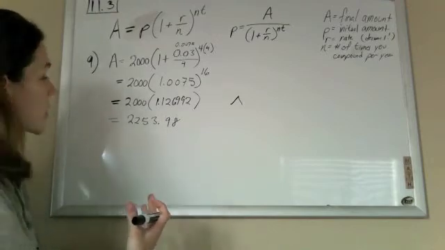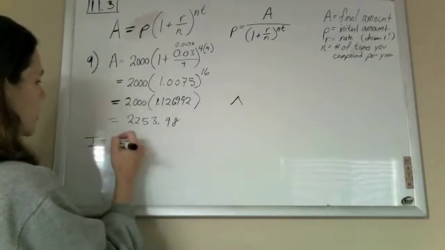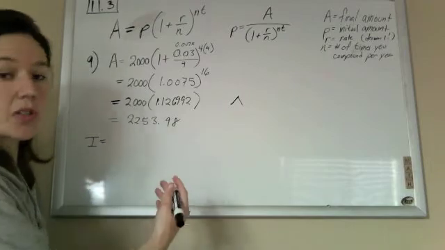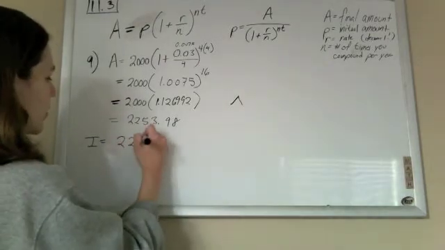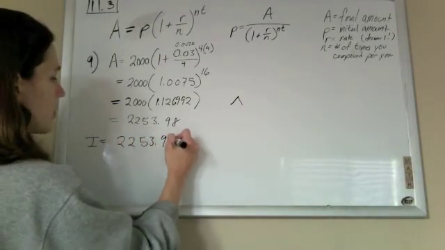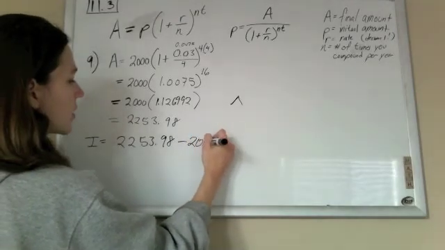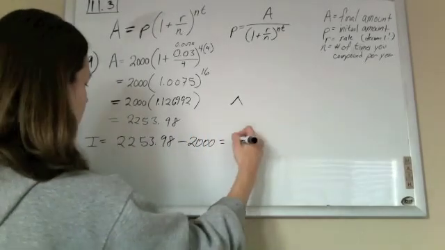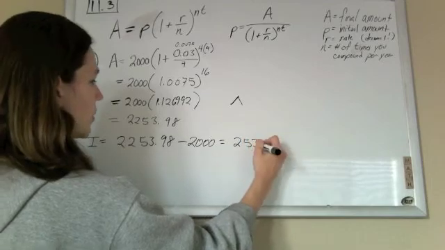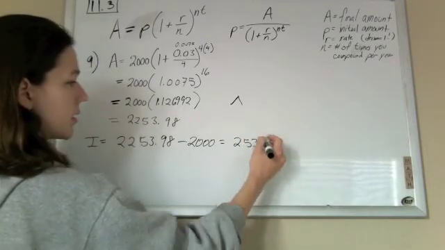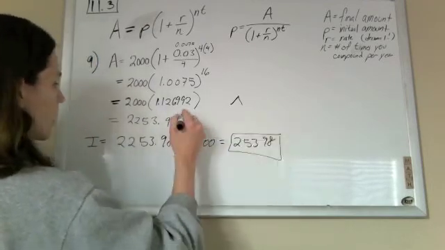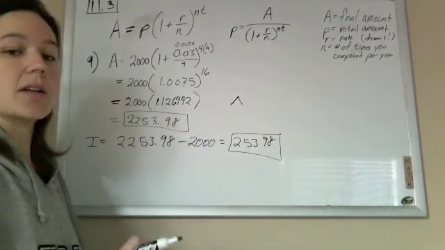And if they want to know the interest earned, your interest is just the final amount minus what you started with. So we ended up with this much money, but we started off with $2,000, so that means we made $253.98 in interest. So there's your interest, and there's your final amount, and that's number 9.